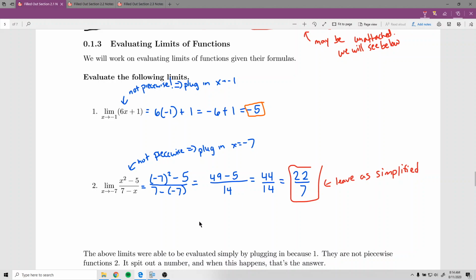We'll see below a couple issues that could pop up and how to fix them. But leave it as a simplified fraction. But if you want to graph this, trace along the graph towards -7, see what the y value is. You can compare it to 22 over 7 and it will work out just fine.